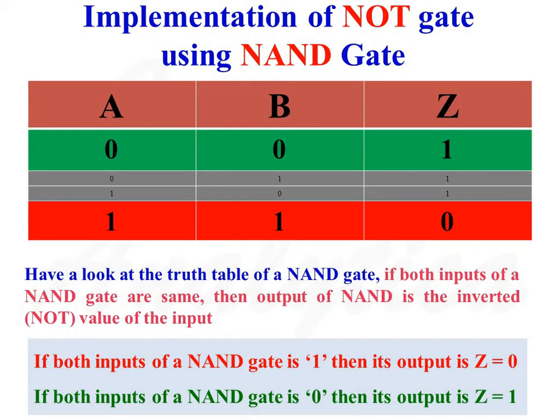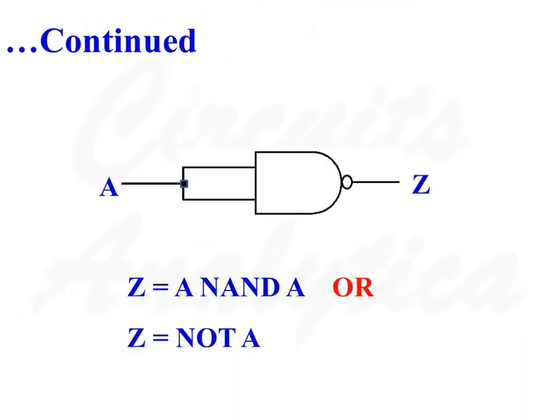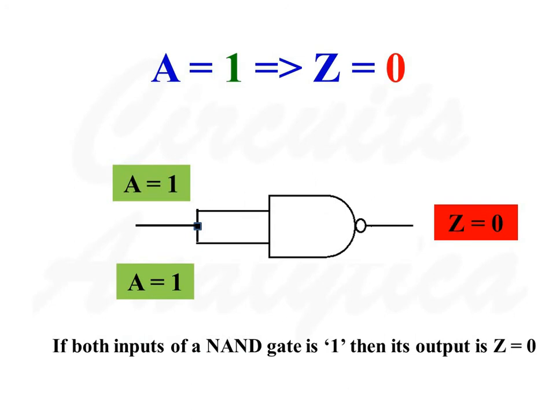From this truth table, we can say that if the two inputs of a NAND gate are shorted, and a logic value is applied to them, then output is the complement of the input. So this is the diagram where a NOT operation is implemented using a NAND gate. So if A is equal to 1, then Z is equal to 0. If A is equal to 0, then Z is equal to 1.